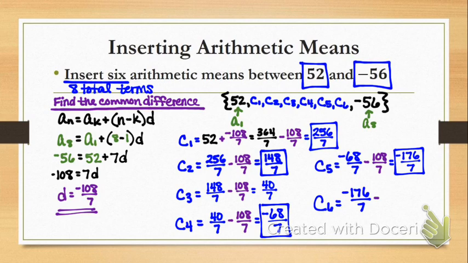How could we check to make sure that that was actually correct? What one additional step could we take? Yes, subtract 108 over 7 one last time, and it should all reduce down to what? Negative 56. Nice work. Very nice work.